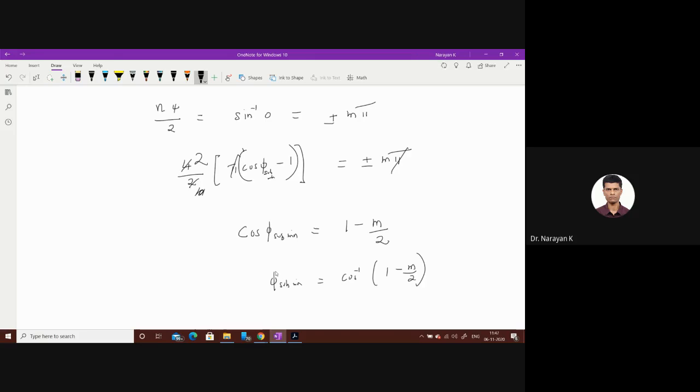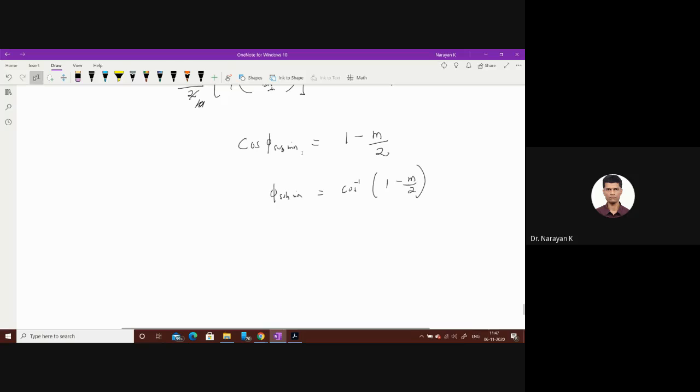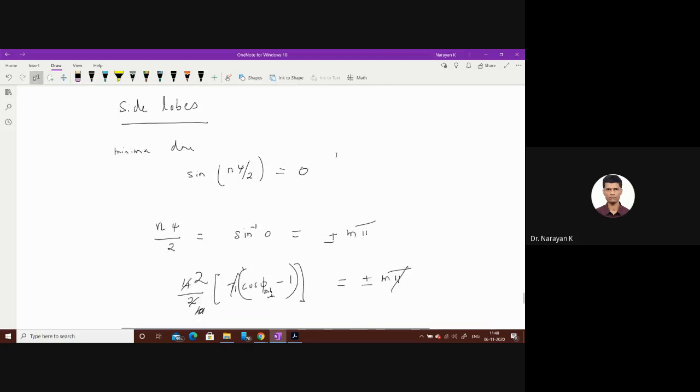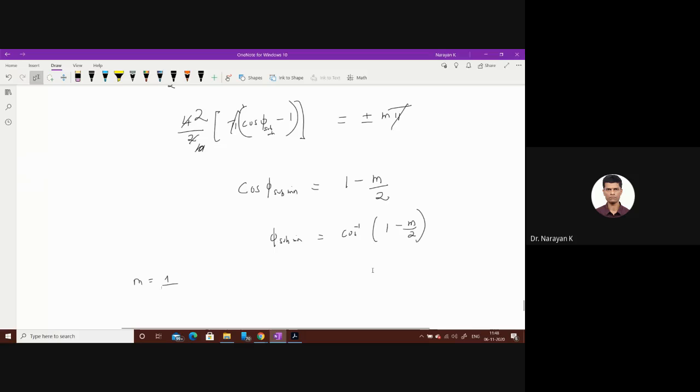Now substitute m is equal to 1. Find out. 60 degrees. Once more, this is plus minus, okay?